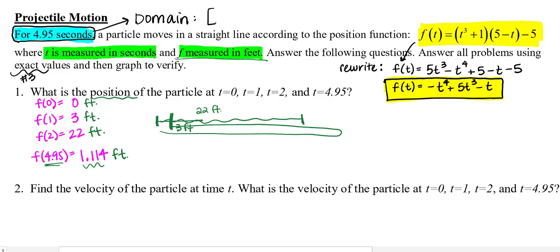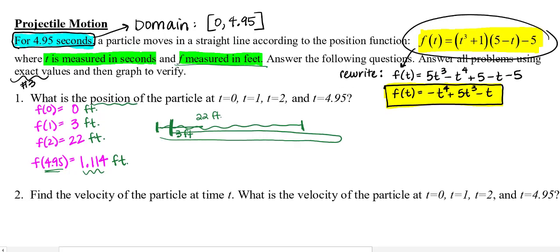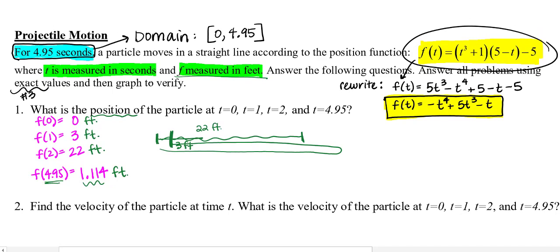It tells us that we only know this position function for these first 4.95 seconds. So I'm going to say my domain is actually 0 to 4.95. We're not going to look in negative time, and we're not going to look beyond 4.95 because this function might not model my distance.